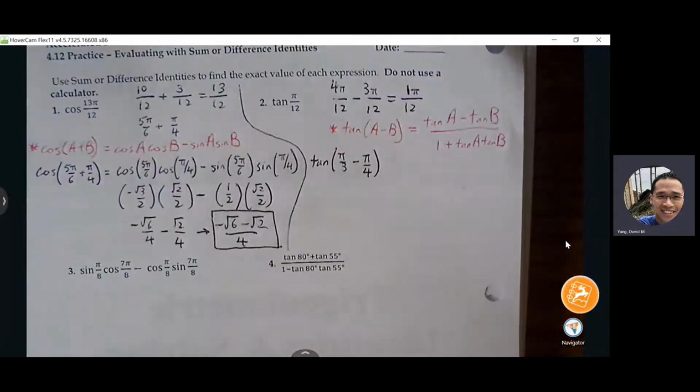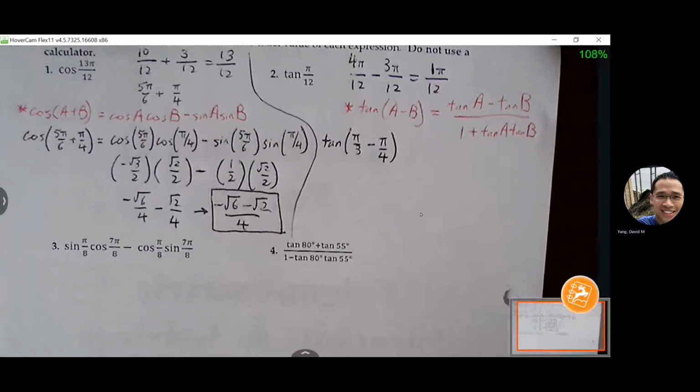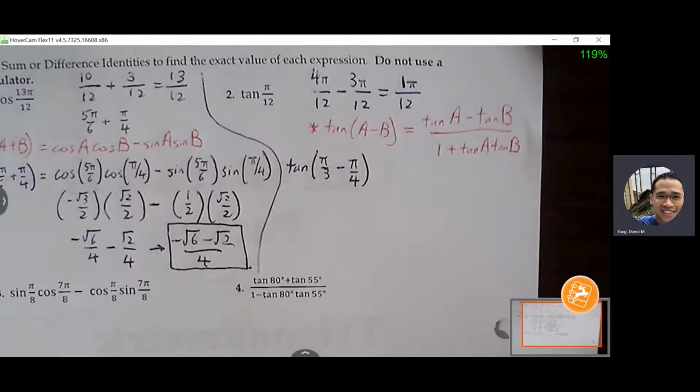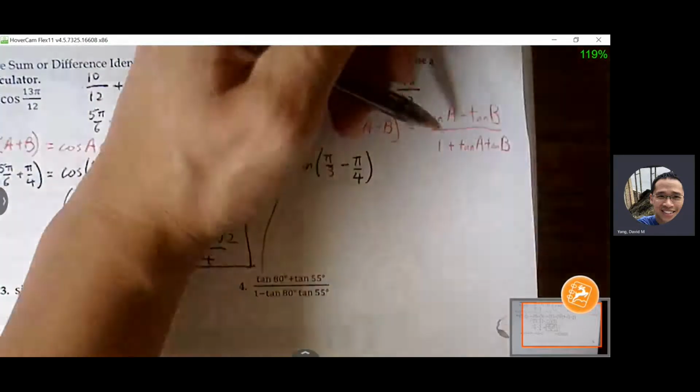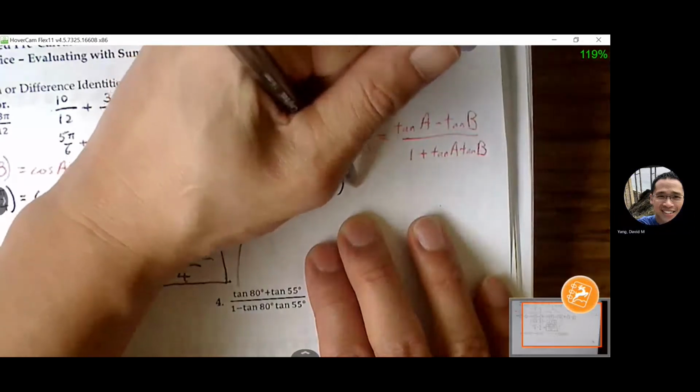Okay, I'll let a be π/3, and I'll let b be π/4. Any questions so far? Okay, so over to the right side, replace every a with π/3, replace every b with π/4.